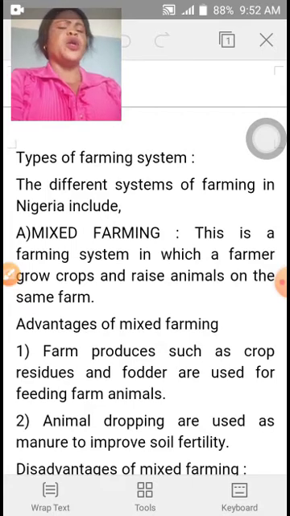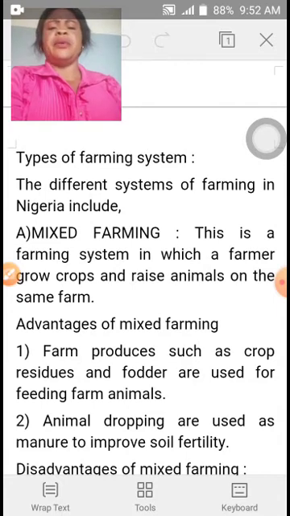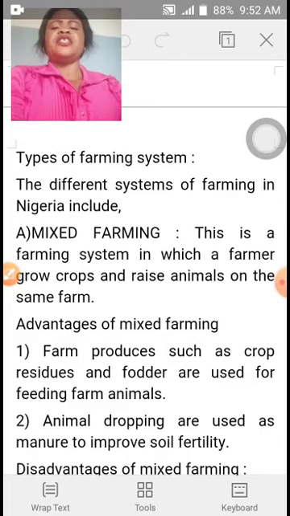I hope you know what is crop residues. We talked about that under organic manure, when we talked about organic manure, that was first term. Crop residues, you can get from yam peelings, cassava peelings, and use it to feed your farm animals, like goats, pigs, and so on.